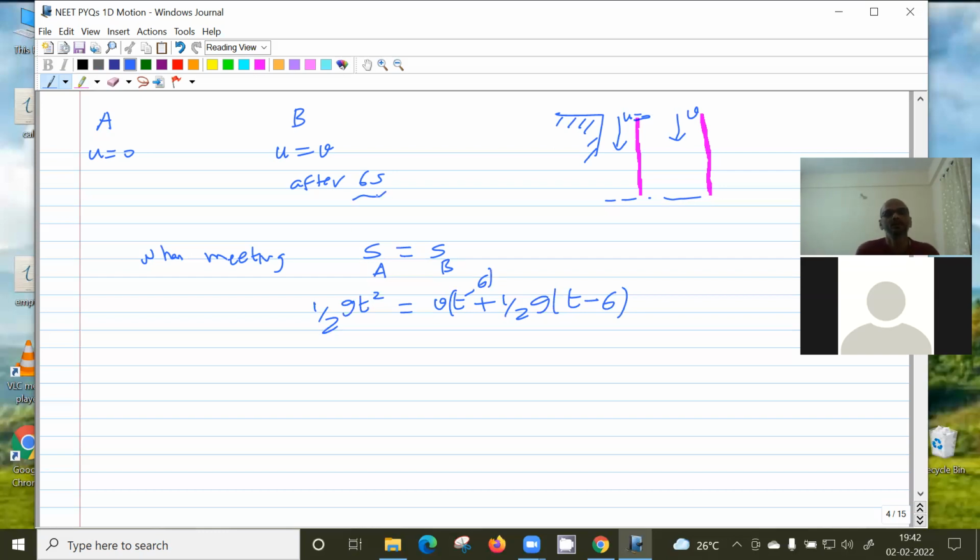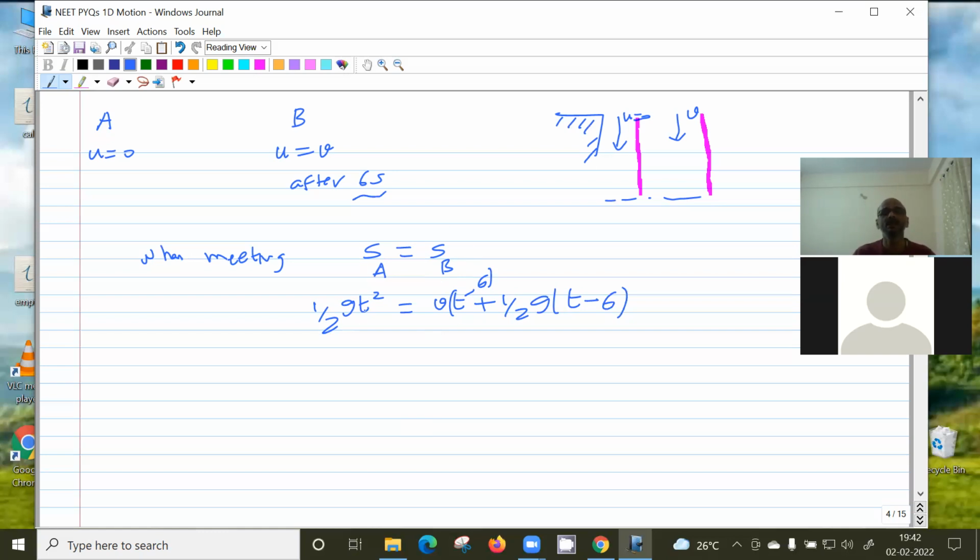So when the clock is saying 8 seconds, body A would have traveled 8 seconds, but body B would have traveled only 2 seconds. At 10 seconds, body A would have traveled 10 seconds, body B would have traveled 10 minus 6, 4 seconds. Is that clear? Okay, so the time that should be used for calculating the displacement of B should be t minus 6.